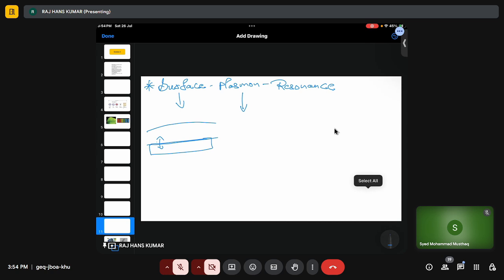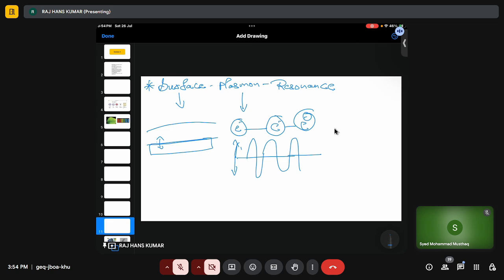For example, if I have an electron here, another electron here, and another electron, and these three are oscillating, moving up and down, first up and then down, more like a sinusoidal wave. So it is oscillating at one position, and this is electron 1.